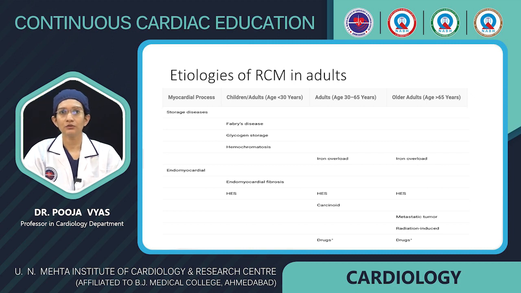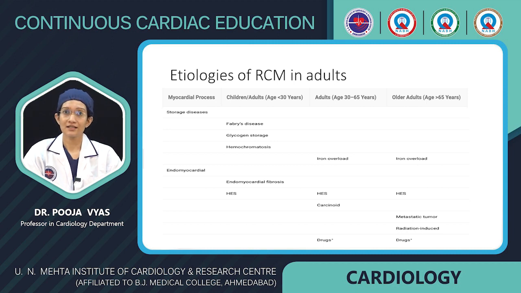And when we talk about endomyocardial diseases as the etiology of restrictive cardiomyopathy, then endomyocardial fibrosis and hypereosinophilic syndrome are more common in the age group of less than 30 years and also in the 30 to 65 years age group.